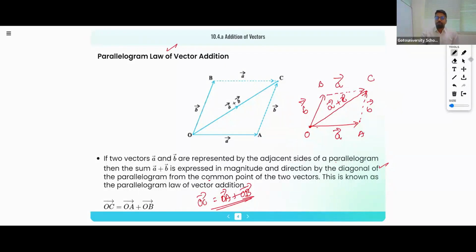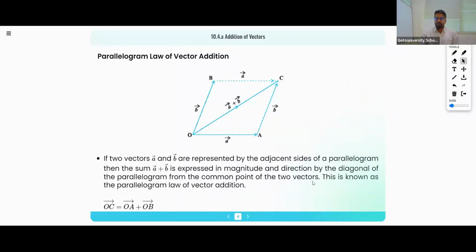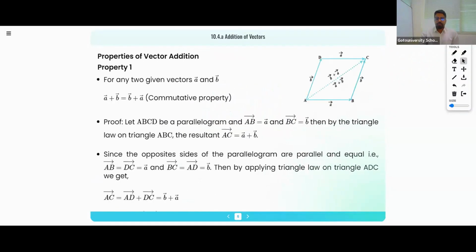And let's talk about the properties of addition quickly. What is it? The first property is, if you add the vectors in any direction, the sum remains the same. A plus B is equal to B plus A. Just like any two real numbers, if you add in any direction, it doesn't change anything.